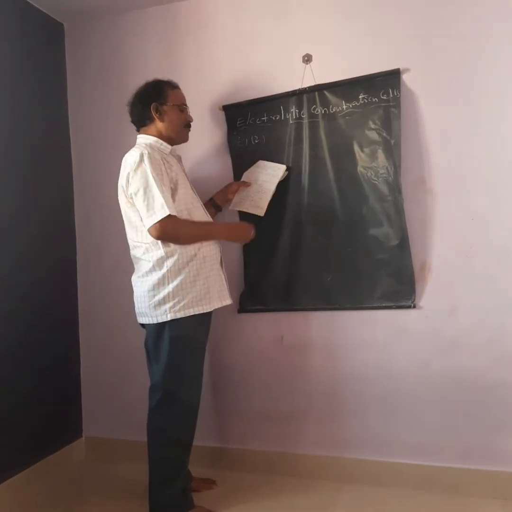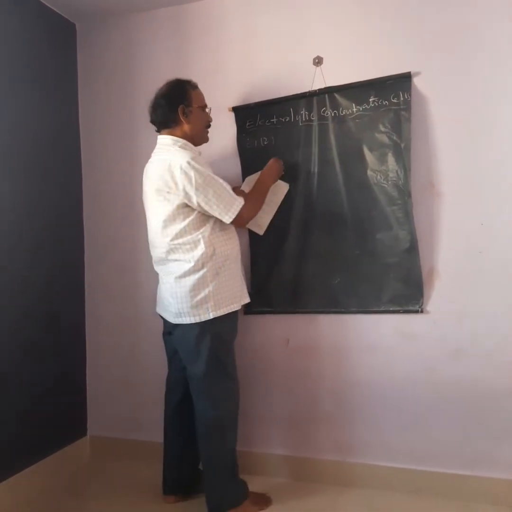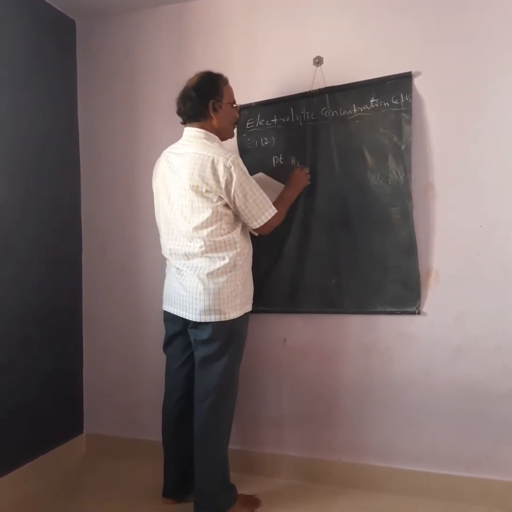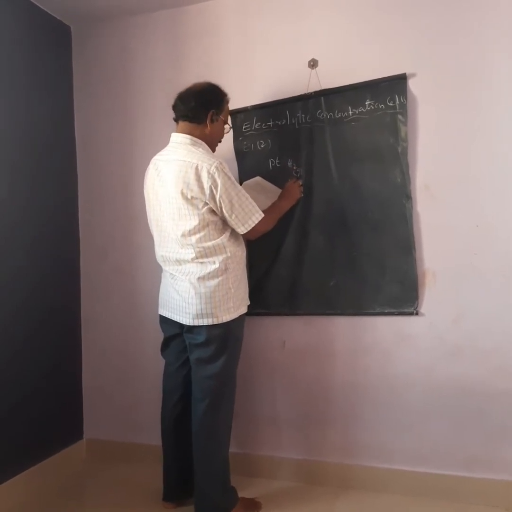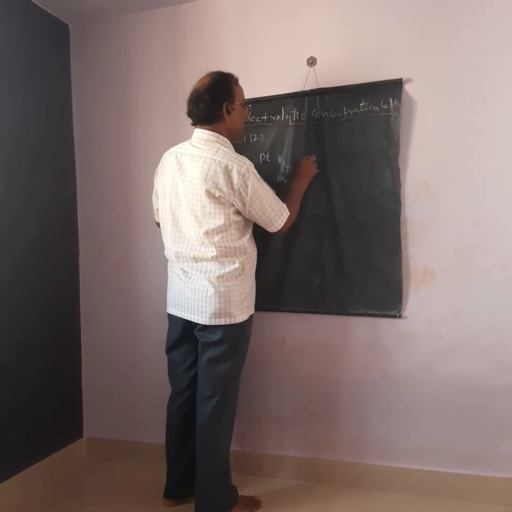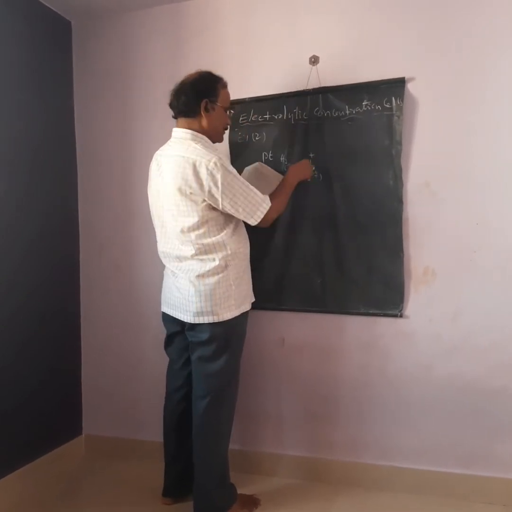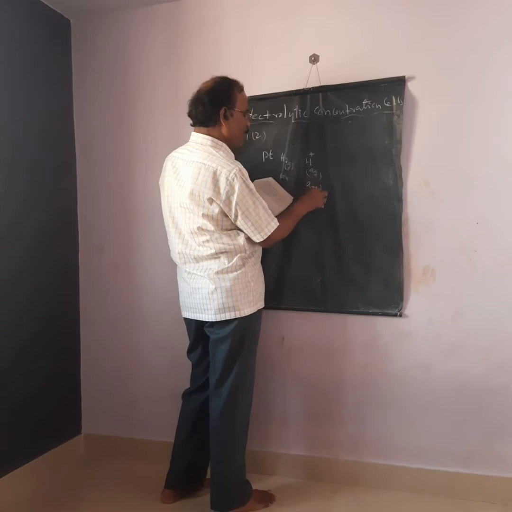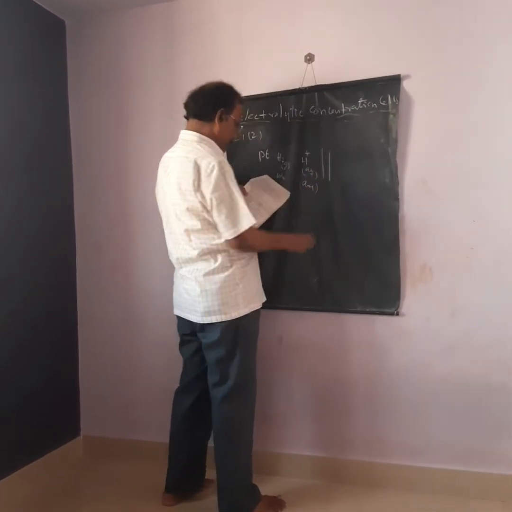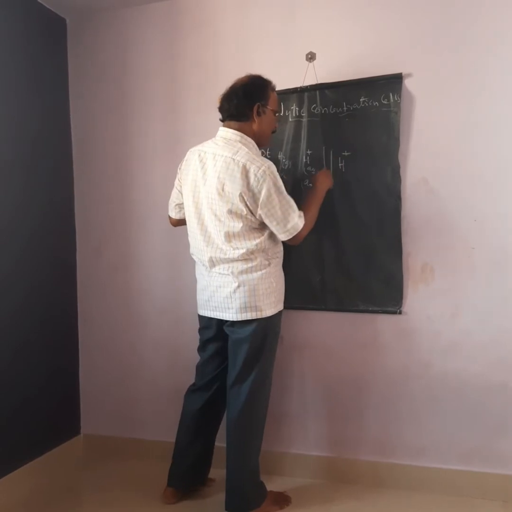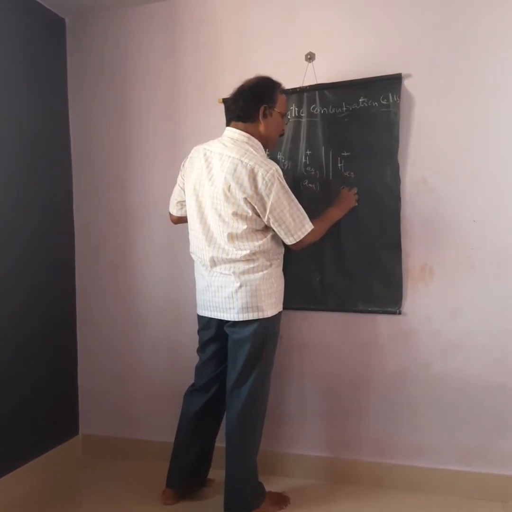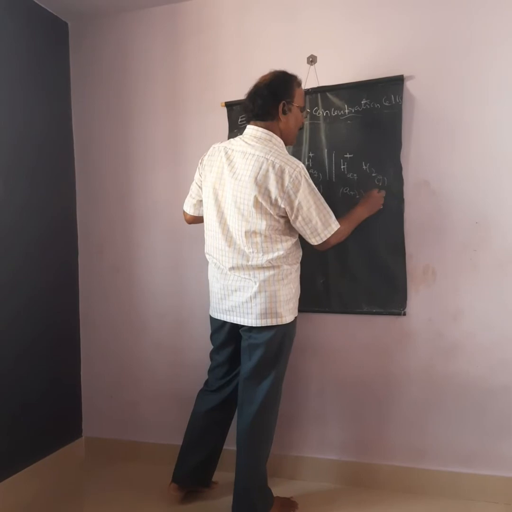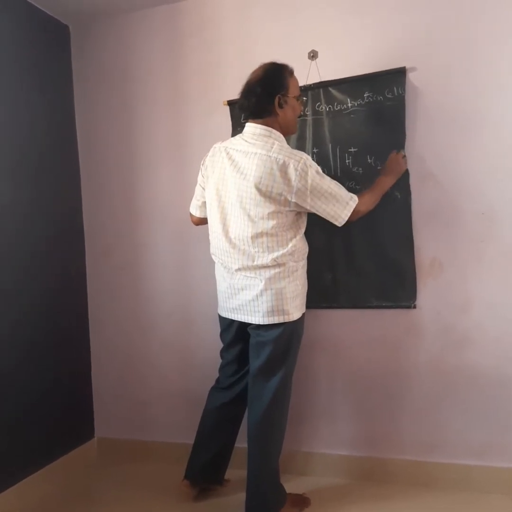Consider another similar concentration cell represented by platinum, H2 gas at 1 atmosphere in contact with aqueous H plus ion of activity A plus 1, salt bridge, and H plus of activity A plus 2, aqueous, same H2 gas at 1 atmosphere for electrical contact.